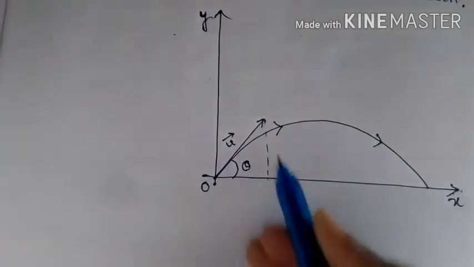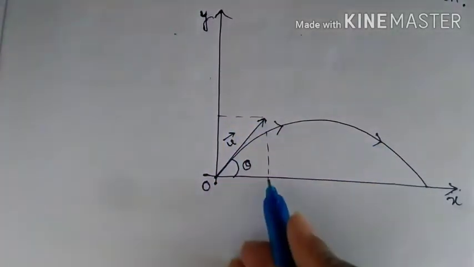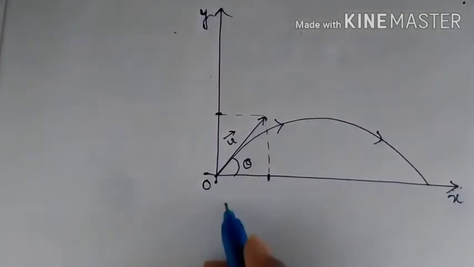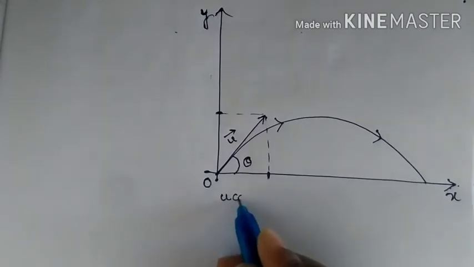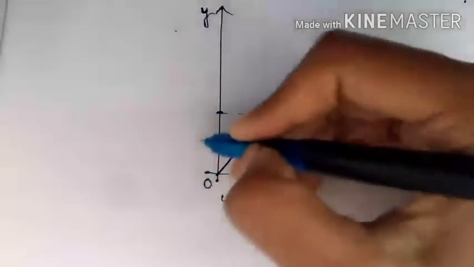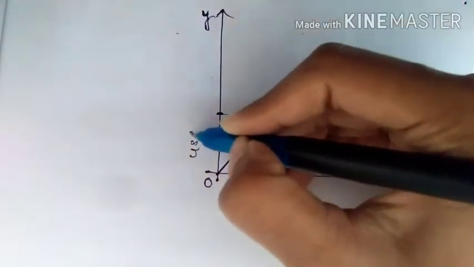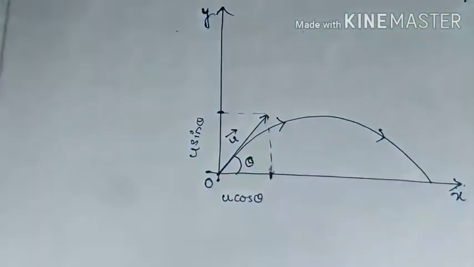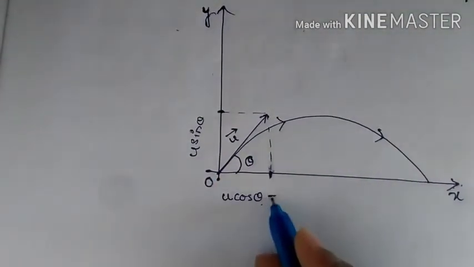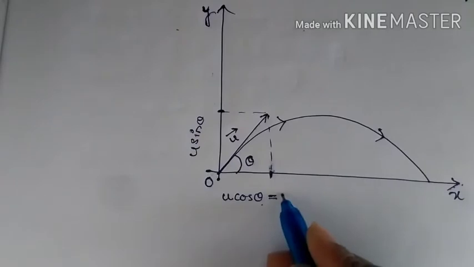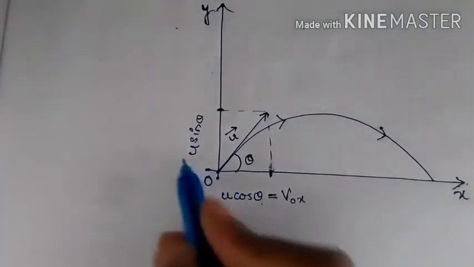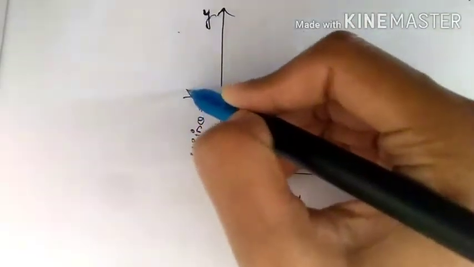Hope this is clear to you all. Now what will be the x component? Directly you can say u cos theta. And what will be the y component? It will be u sin theta. Let this u cos theta be v naught x and u sin theta be v naught y.